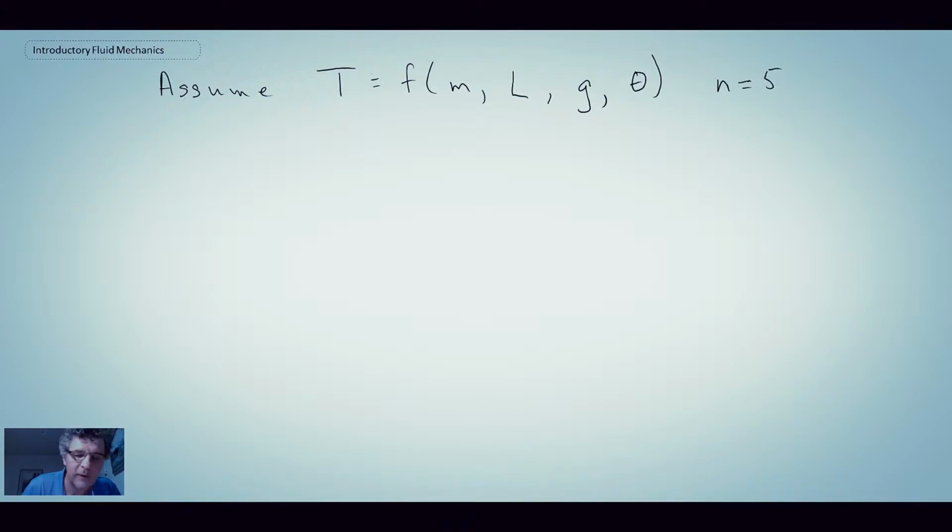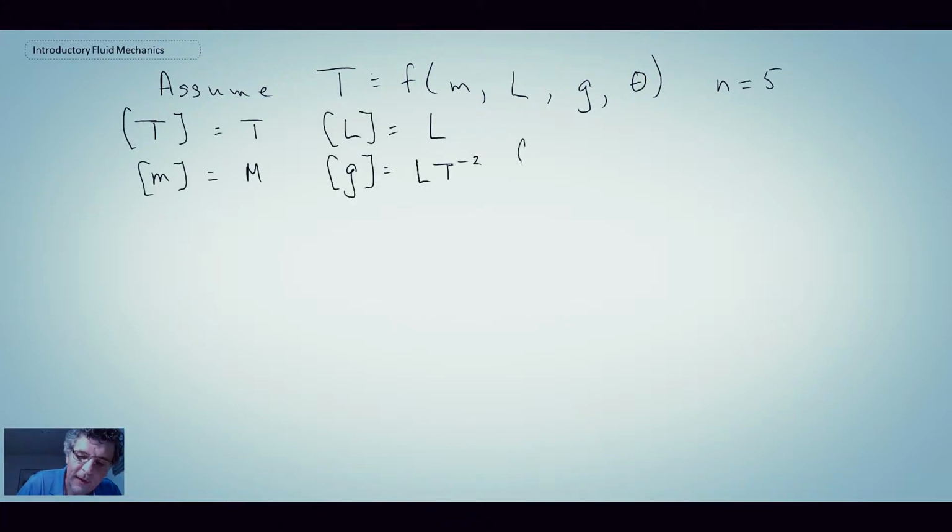What I'm now going to do is write out the dimensions of all of the main parameters, or the main variables. And for theta, the angle, that is dimensionless. So we're going to choose 3 of our different parameters for our base group, and we don't want to include T. So we will choose m, L, and g.